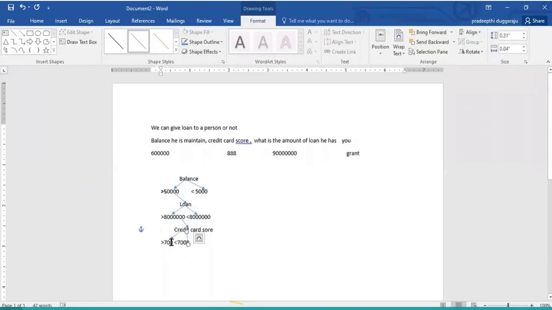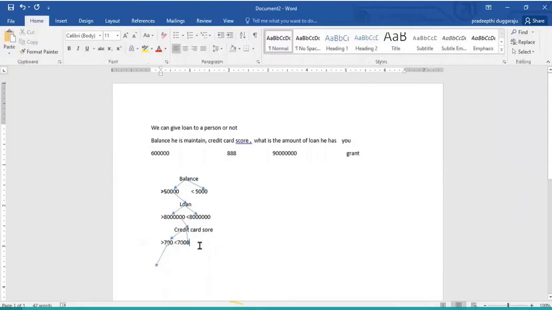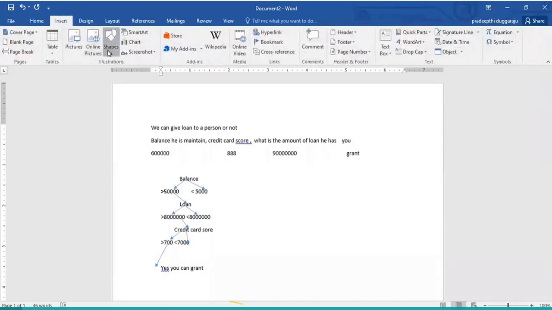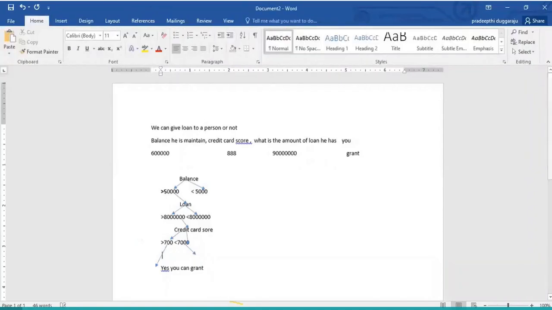If it is greater than 700, then it says yes, you can grant. If it is less than 700, no, you cannot grant.